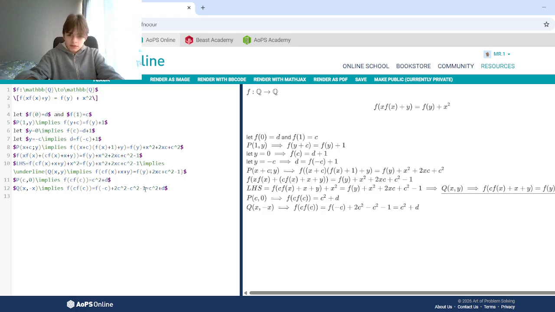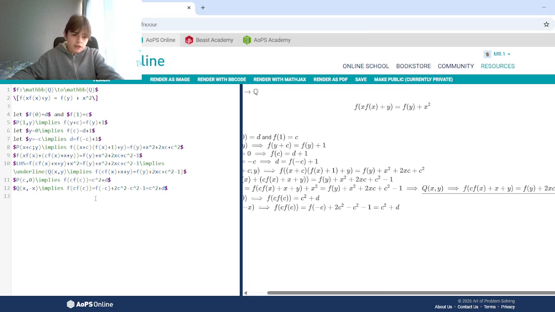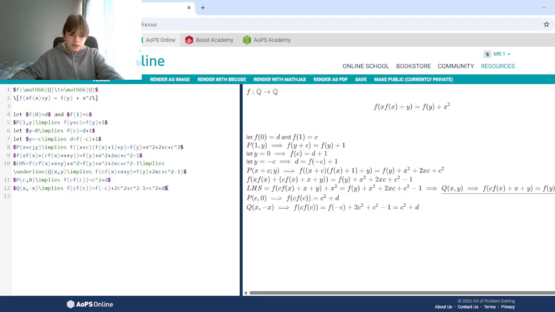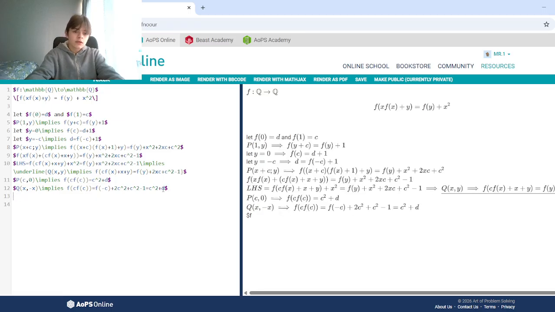And actually here we have 2c^2 plus c^2 plus c^2, and this equation is the same as, also we know that d is equal to f(-c) + 1, so this is equal to c^2 + f(-c) + 1.